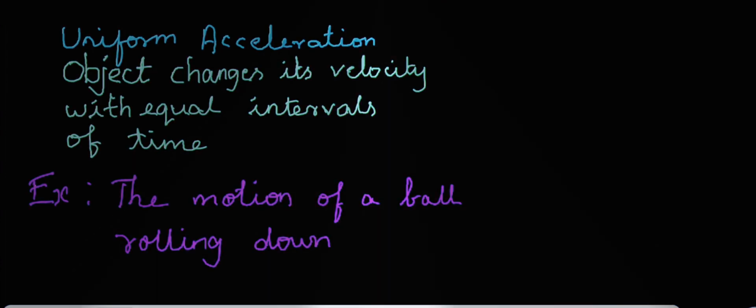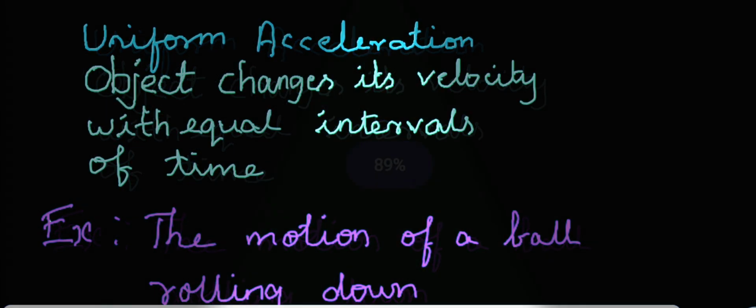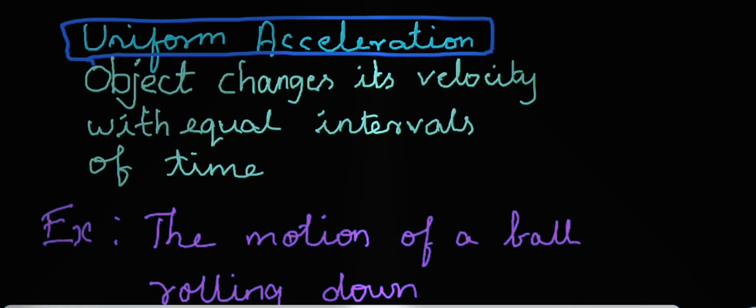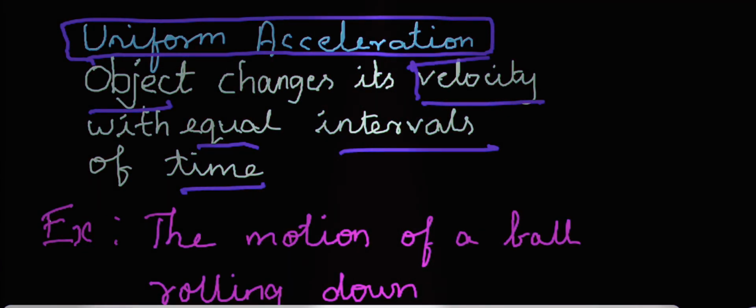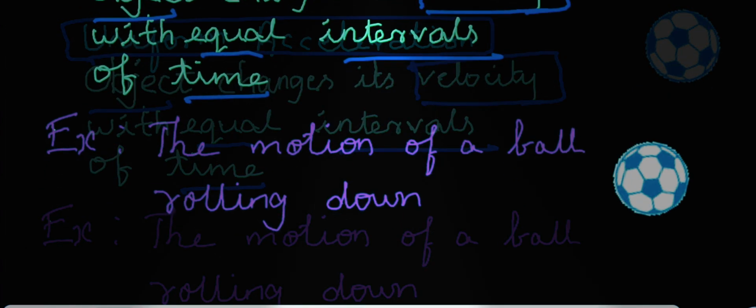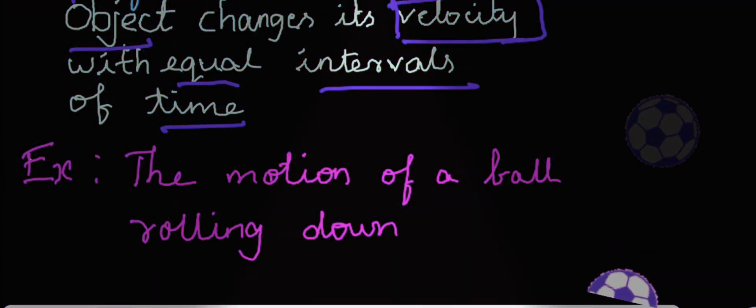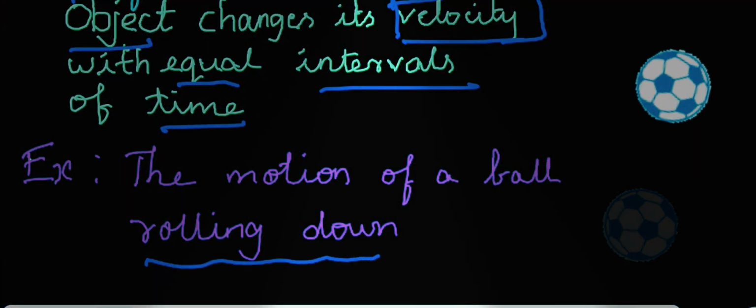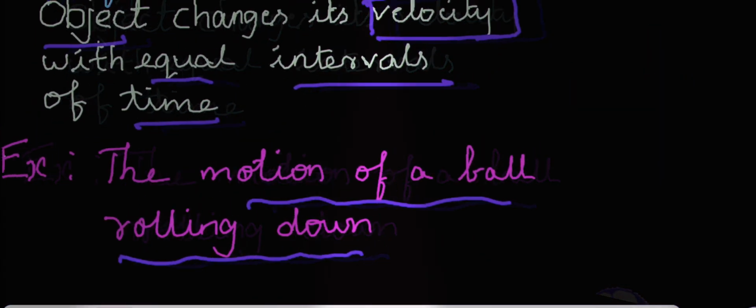Uniform acceleration. When an object changes its velocity with equal intervals of time, it is called uniform acceleration. Remember here the time interval is equal. Example, the motion of a ball rolling down.